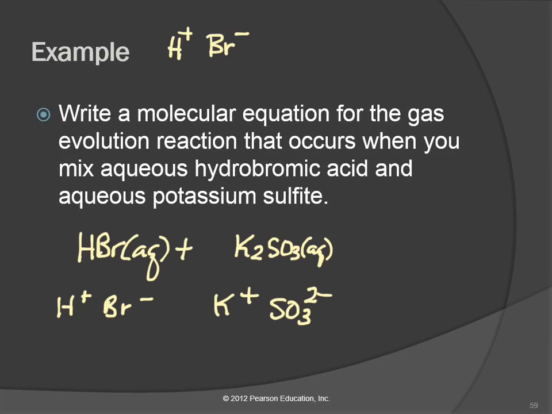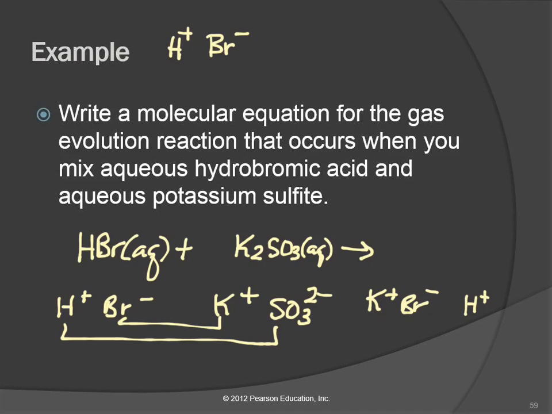To predict the products, swap the ions. So 2 couples coming to a party, mingling, and seeing what happens. So we're going to end up with K plus and Br minus together, and H plus and SO3 2- together.